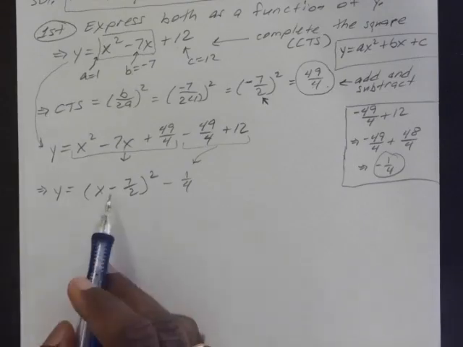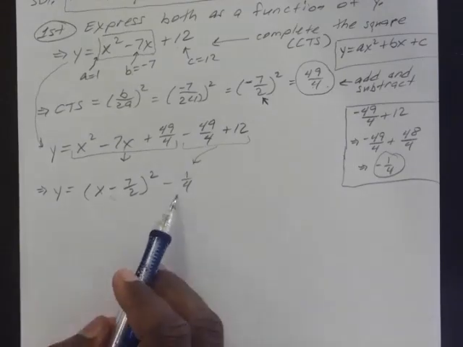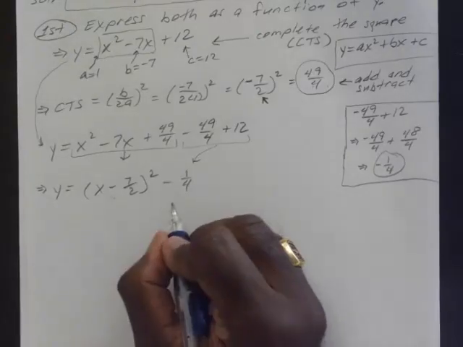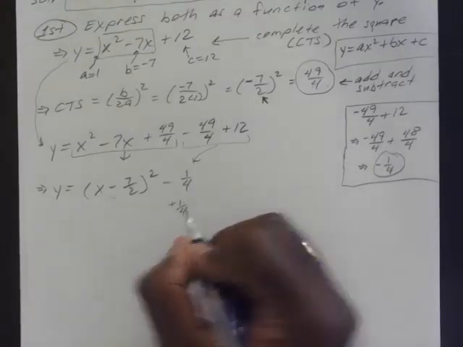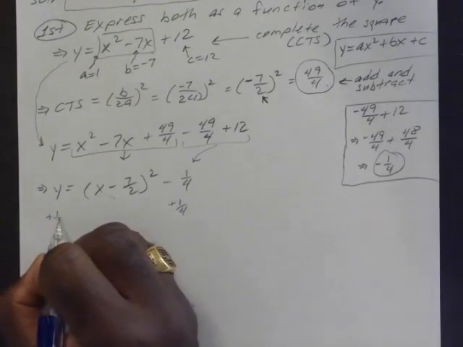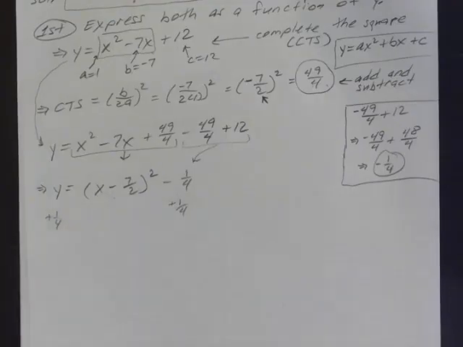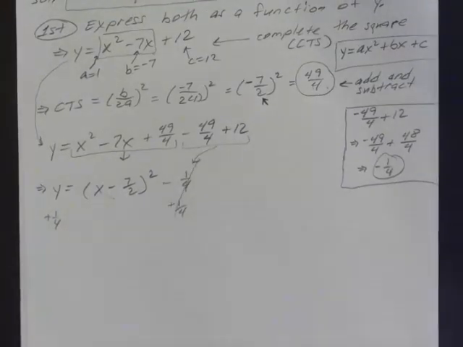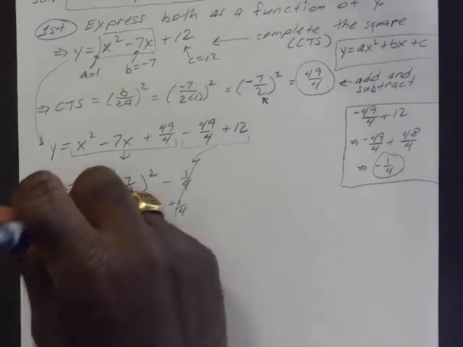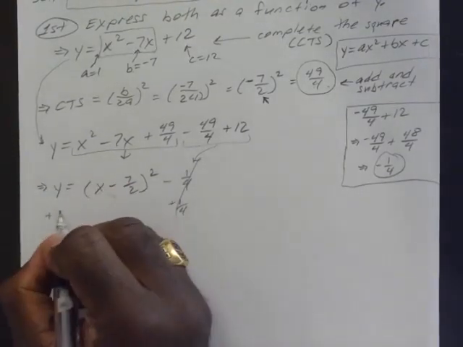So since we want to solve for x, we have to isolate the x. So we can go ahead and add 1/4 to both sides, where those two cancel each other out. Make that 1/4 a little neater.